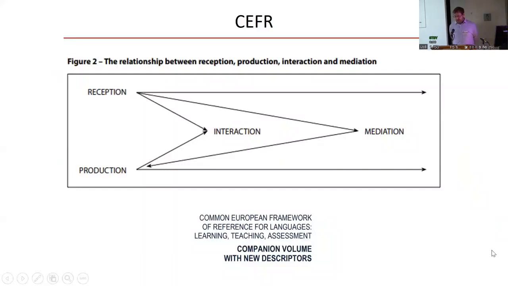And this is the view in the 2020 companion volume. So it has changed, with mediation being at the center. And in terms of how that works with interaction, probably right now the biggest challenge, I would say, in terms of the implementation of the CEFR is how do people work with the mediation scales? And I'll then present a little bit about that.